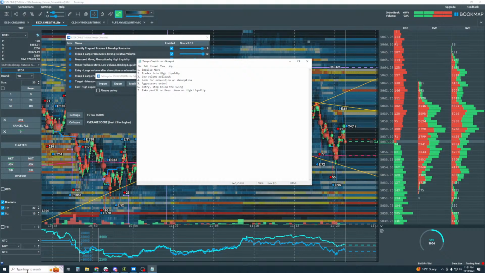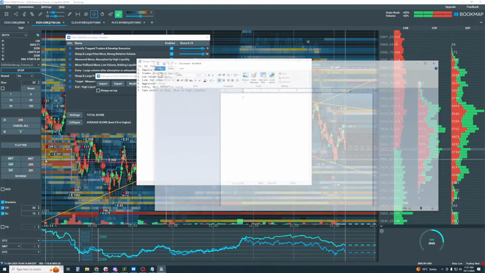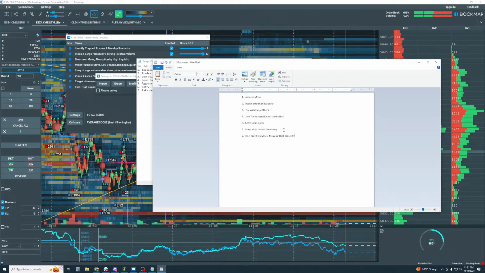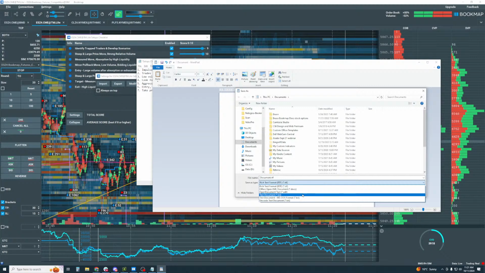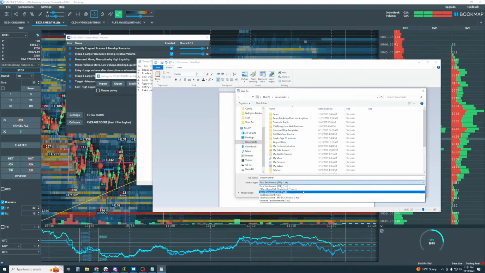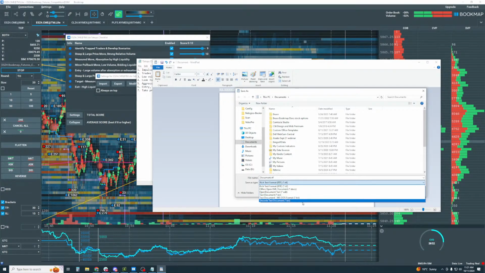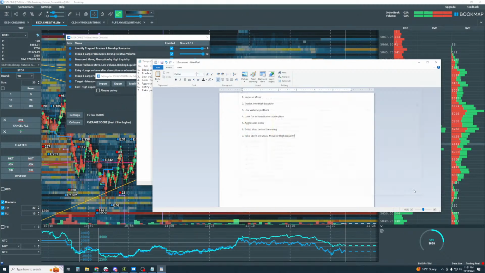So I just copied it, and then I'm going to open up WordPad, and then we're going to paste it in there, and then we are going to do a save as, and we're going to CSV. Come on. All right, we got to do something different. All right, hold on.